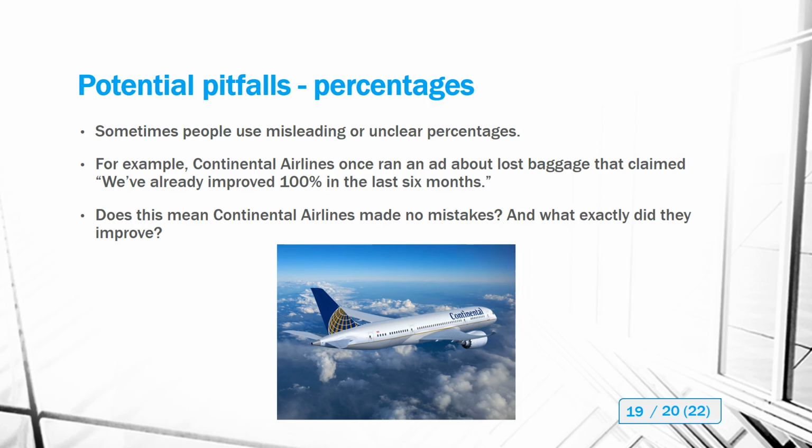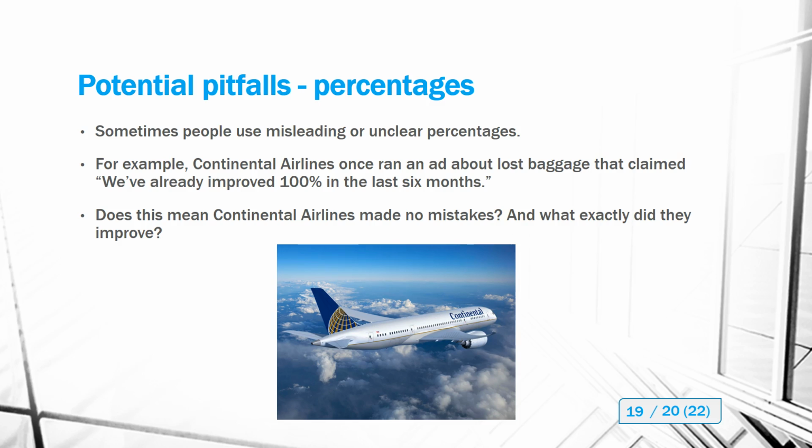For example, there was once an ad that was run by Continental Airlines about lost baggage, and in the ad they claimed, "We've already improved 100% in the last 6 months." Well, what exactly does that mean? 100% of what? It's presumed that you're talking about lost baggage because the statement is being made in the context of an advertisement talking about lost baggage.